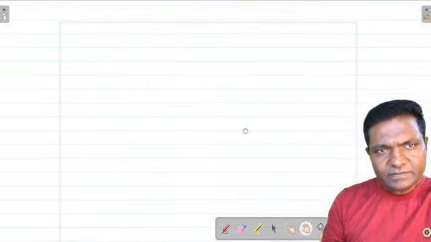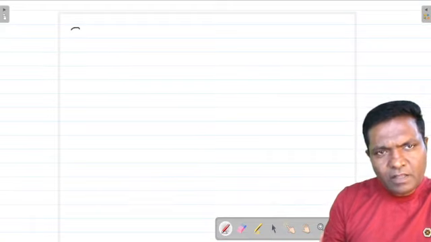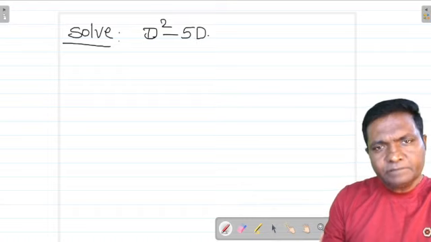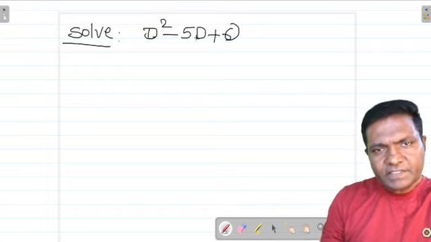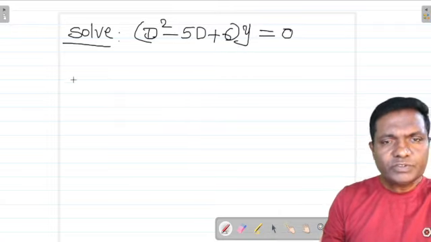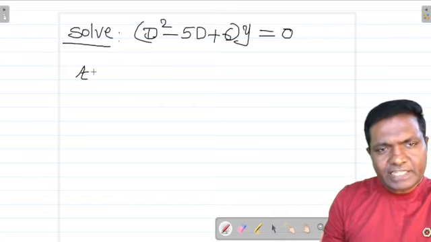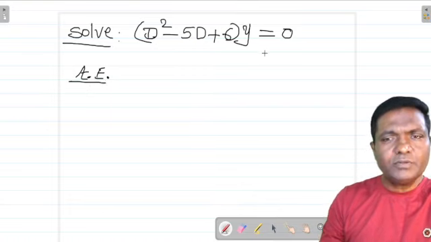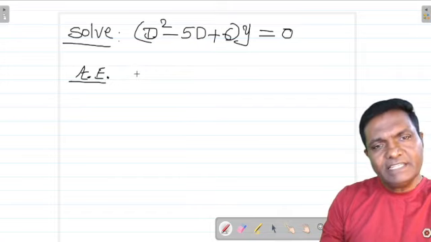Look at this. Solve (D² − 5D + 6) y = 0. First you need to write the auxiliary equation. Auxiliary equation means you have to equate the coefficient of y to 0 by replacing D with m.